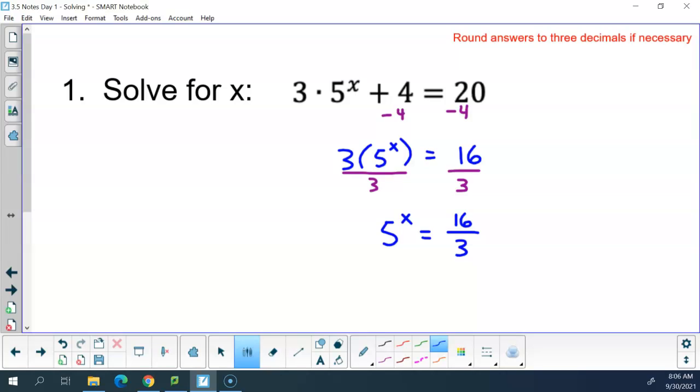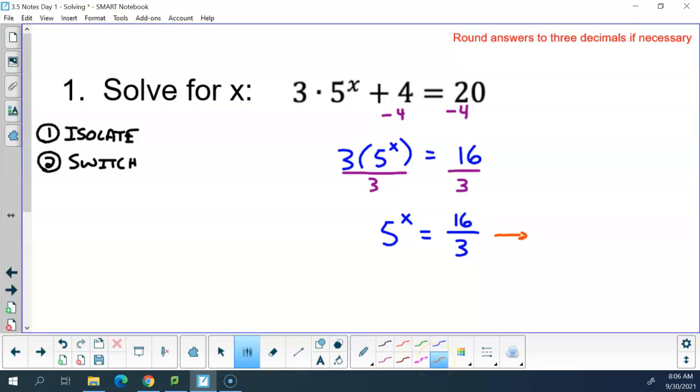So first step, we isolate. Second step, we switch. We're in exponential form right now, so we've got to switch to logarithmic form.